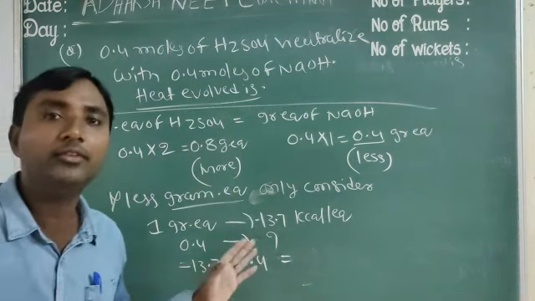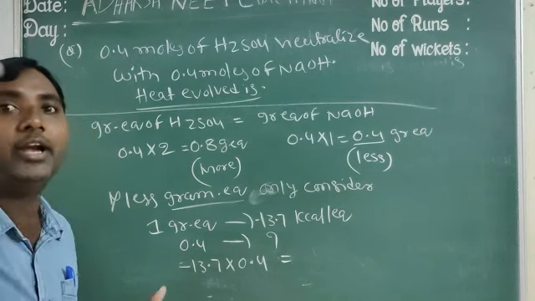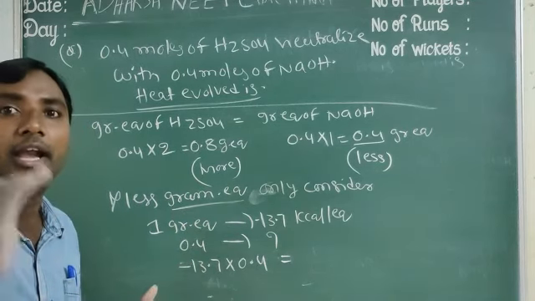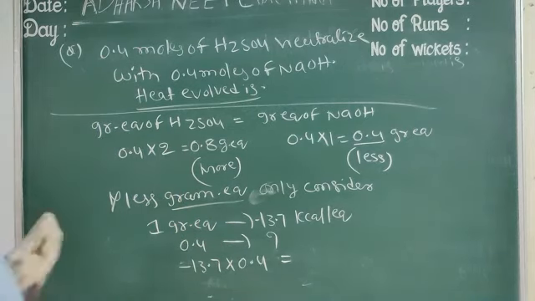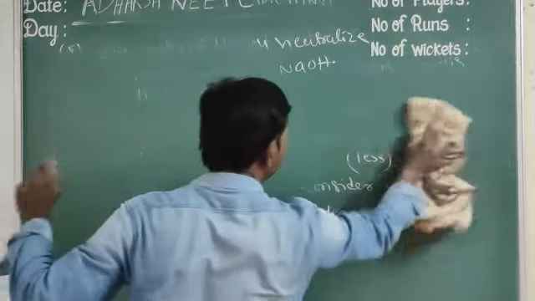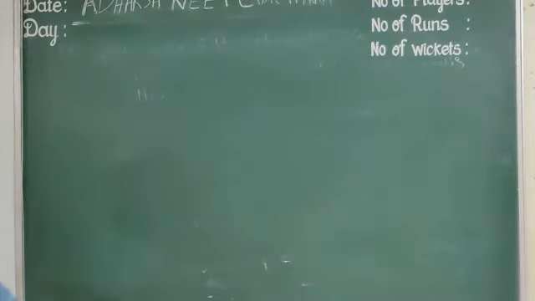That means whenever acid and base have different gram equivalents, we have to consider the least gram equivalent. That point is very important. Keep that point in a box.